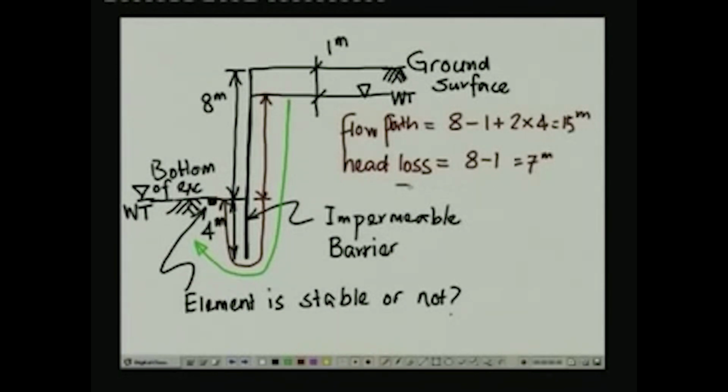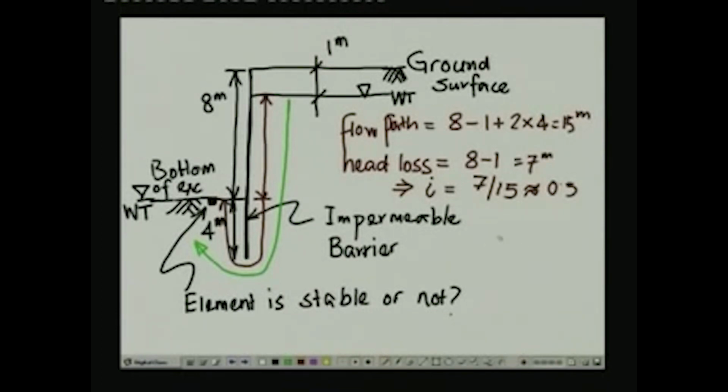So thereby we get hydraulic gradient i to be equal to 7 over 15, that is equal to about 0.5, approximately equal to 0.5. Okay.